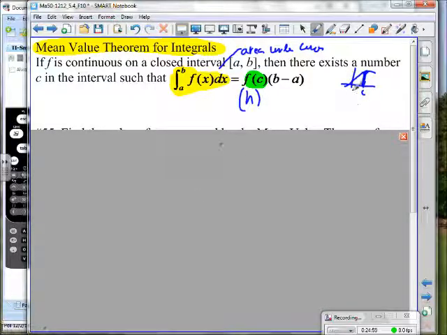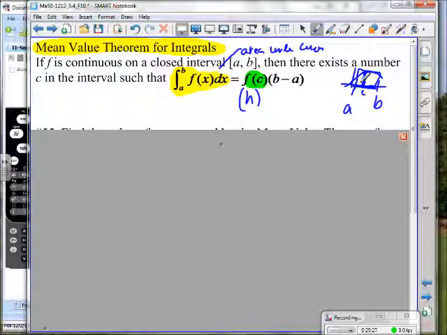The base. So if a goes from here to here on this curve, I'm building a rectangle that has the base a to b, and what's the height of the rectangle? C. So I would come up here, go across, and then come back down. So the height of the rectangle is based on this.